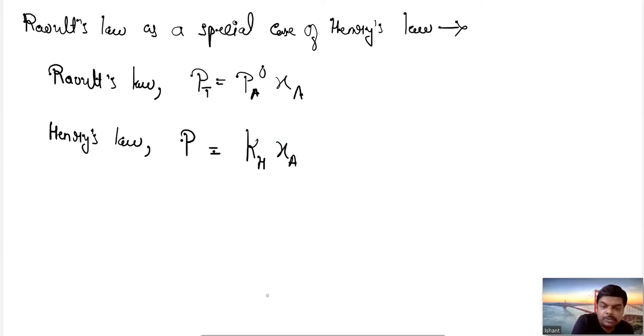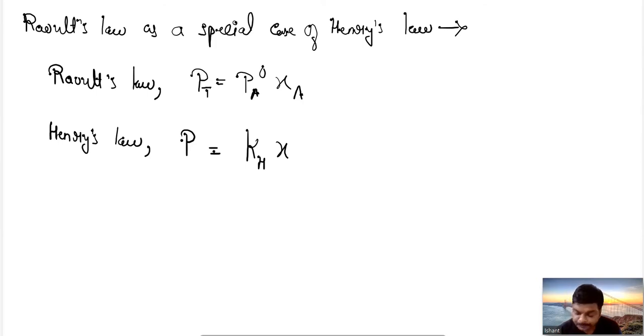Okay, and the mole fraction, not A. I am not taking it as A here. It is just the mole fraction, where P is the vapor pressure of the gas in the solution, X is the mole fraction of the gas, and Kh is the constant of proportionality, also known as Henry's law constant.